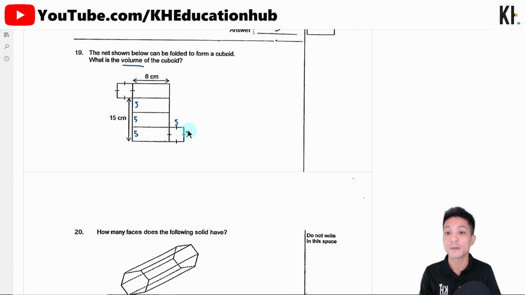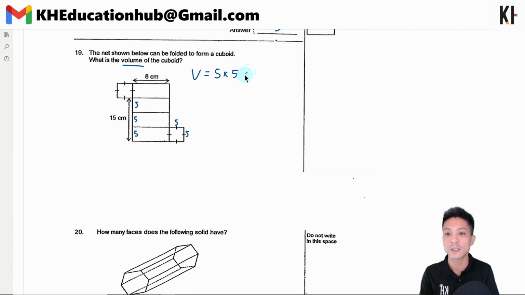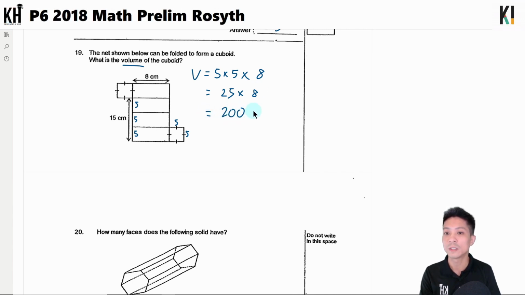So the base will be a 5 by 5 base, and the height is 8 cm. So to find the volume, I'll need to use length times breadth times height. 25 multiplied by 8 will give me 200 cubic cm.